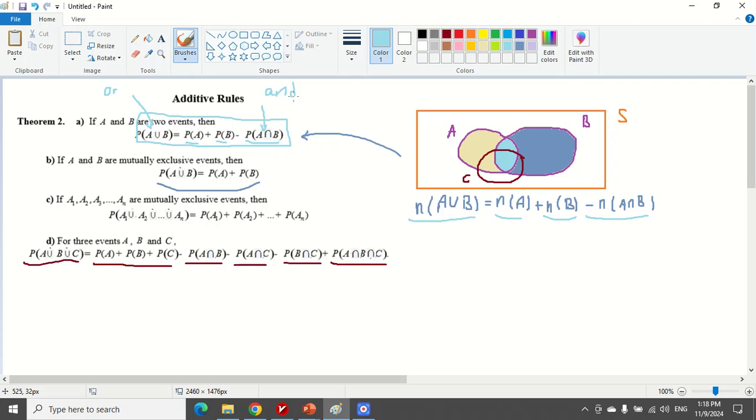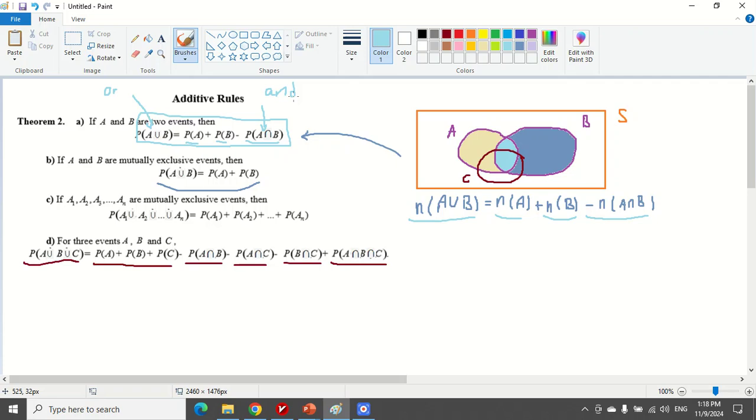Indeed, part C is the same as the discussion that we had in the third part of the axioms of probability. In the axioms of probability, we gave this situation for a sequence of events. It's not only true for n events; even if we have infinitely many of them, this is still correct.